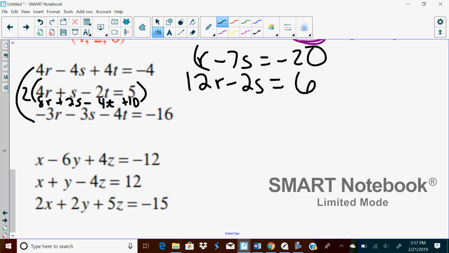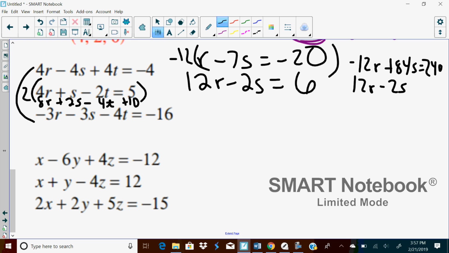I'm going to multiply the top one by negative 12 and get negative 12r plus 84s equals 240. The bottom is going to say 12r minus 2s equals 6.